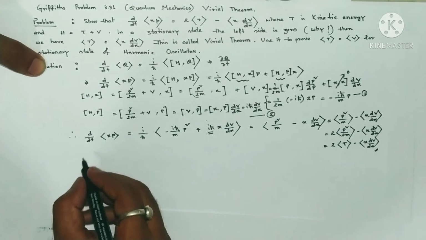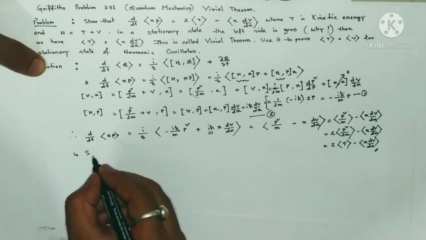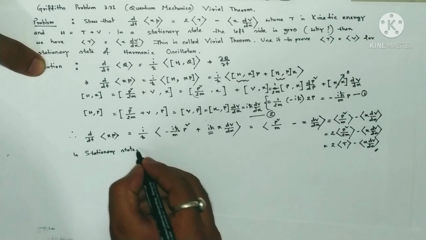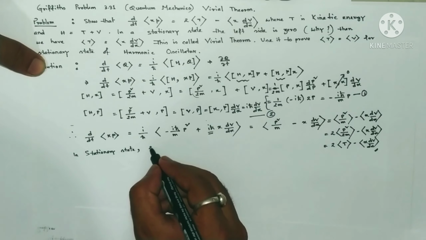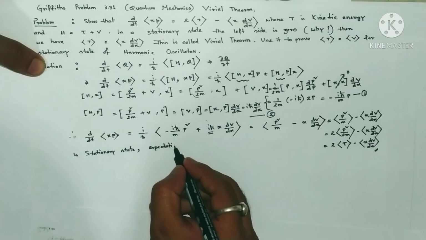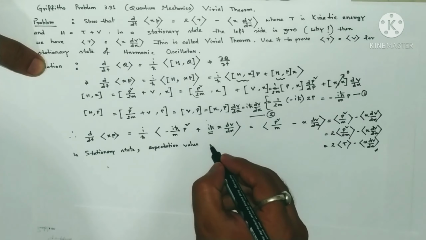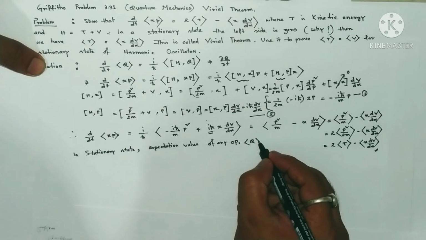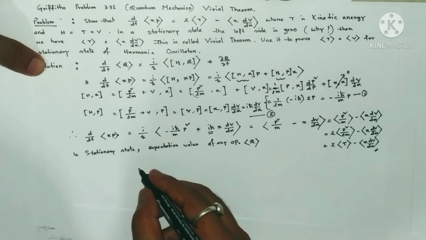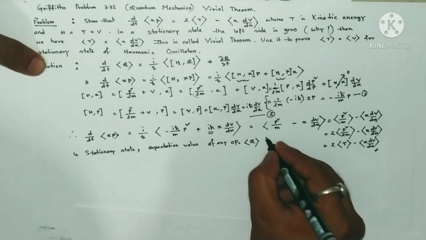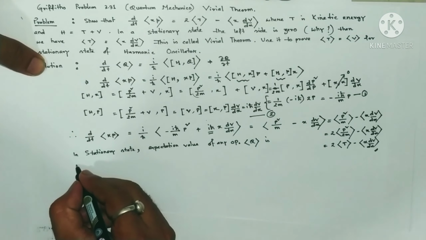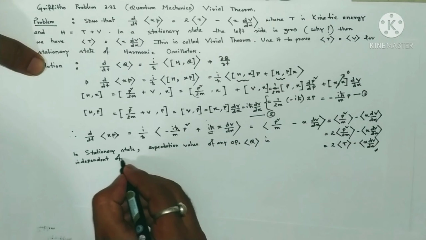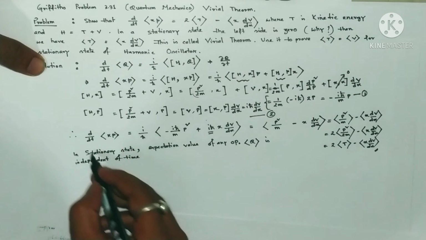Since in a stationary state, the expectation value of any operator, like the expectation value of q, or it may be x, it may be p, will always be independent of time. So this term will be 0.